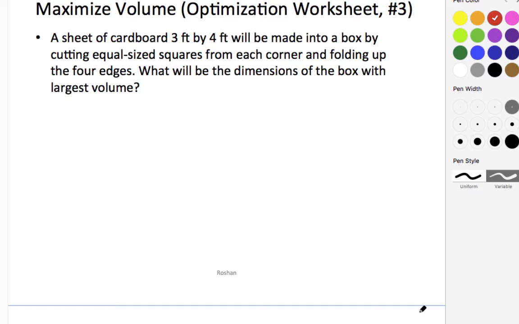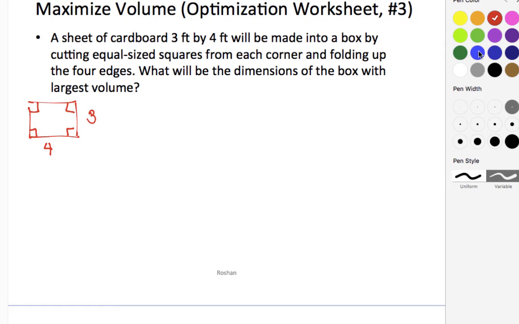Now let's look at this problem, which was from your optimization worksheet number 3. Let's maximize the volume. We have this sheet of cardboard that is 3 by 4, and we are going to make it into a box by cutting out squares x by x in this case.